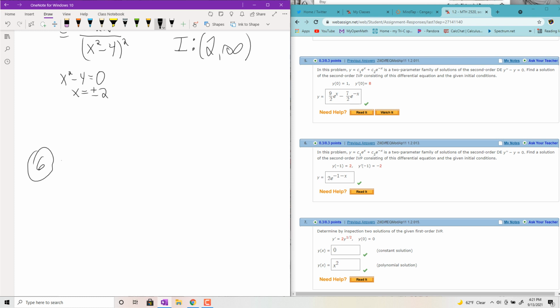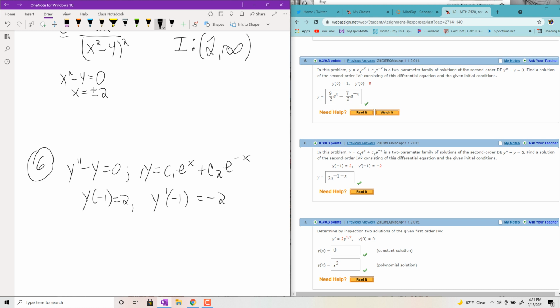We have the differential equation, which you kind of don't need: y double prime minus y is 0. The general solution is c1 e to the x plus c2 e to the negative x, and then the initial conditions are y of -1 equals 2 and y prime of -1 equals -2.